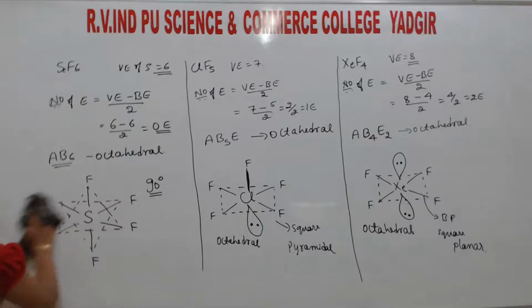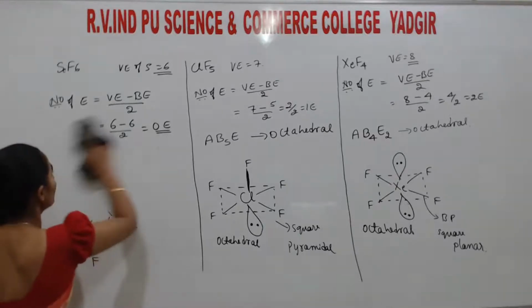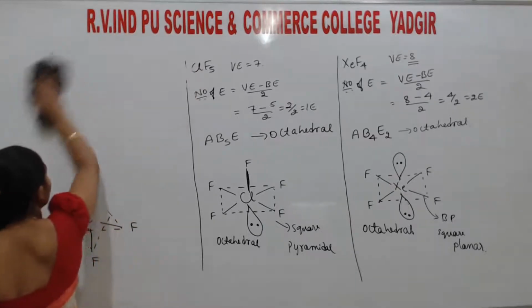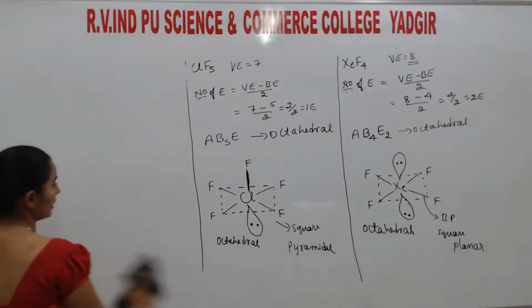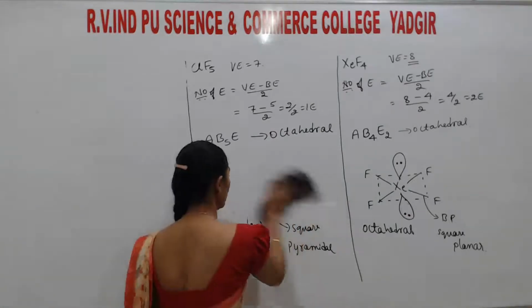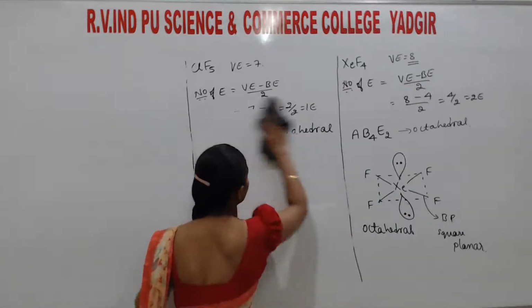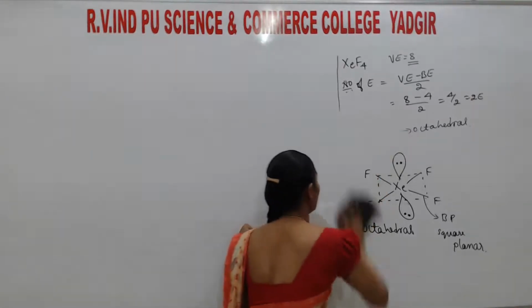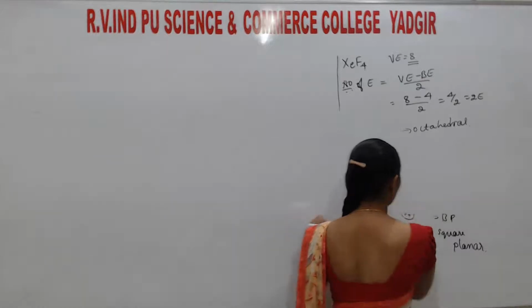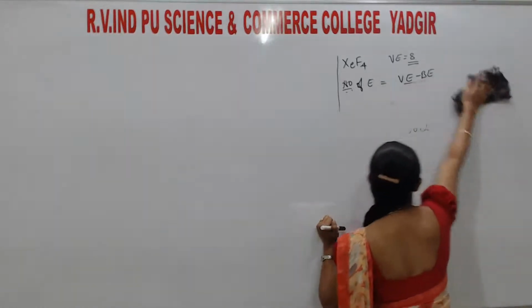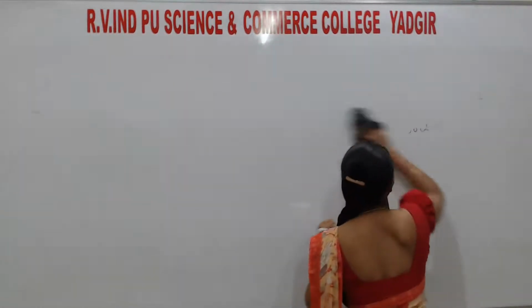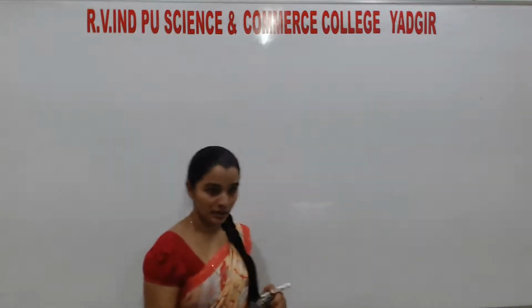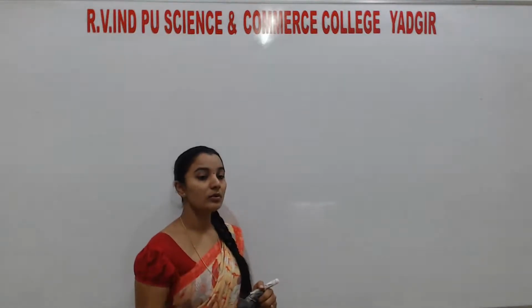Okay, so students, for the next type of molecule, of course, they do not exist, and I don't find any example for those. So you just go through this. If 6 electron pairs are there, remember, then they are said to have an octahedral structure. And remember AB3E3 and also AB2E4.